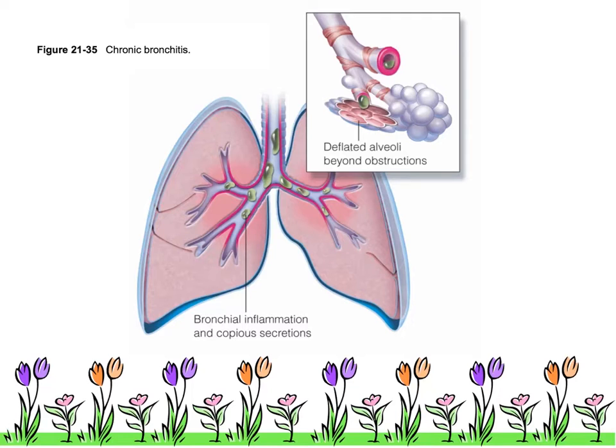Those infections cause an increase in secretions, and they can't cough them out as they should, and they've got the narrow airways, so there's limited airflow, you get air trapping, and the lungs become hyperinflated. If you look at the cutout picture, you see the deflated alveoli that are beyond, or distal to, those obstructions. In those areas, the alveoli actually collapse because they cannot exchange the gases as they should.